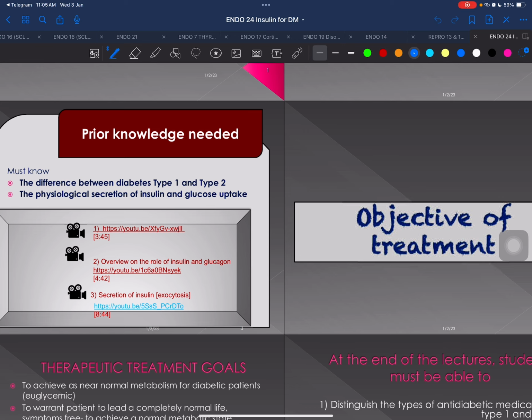Okay, so as we go along, I will highlight to you information yang mana yang tak perlu, you perlu tahu, tapi not at your level in great detail, tapi information yang mana yang you perlu tahu in great detail. Okay, tapi mind you, antidiabetic drugs ada banyak. Okay, tapi kita tengok dulu.